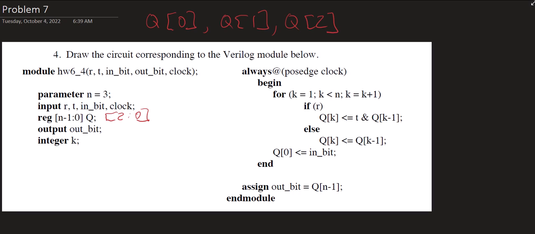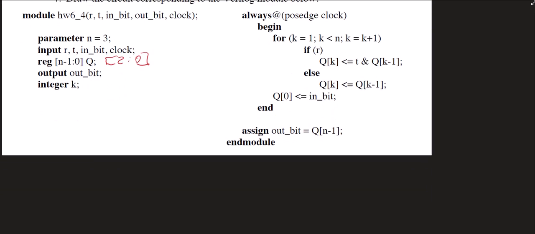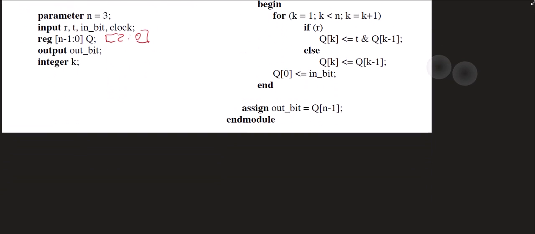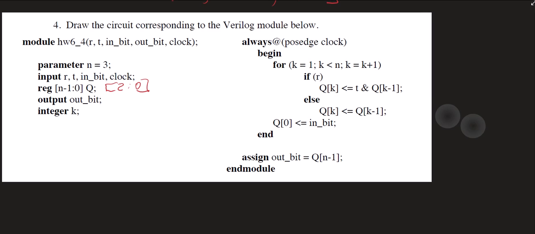We also have something called out bit and in bit, and we have this K. So we've got a for loop, so that makes this a little bit different. So we'll see how it works. This one, we do have an if, so we know we're going to have some multiplexers.